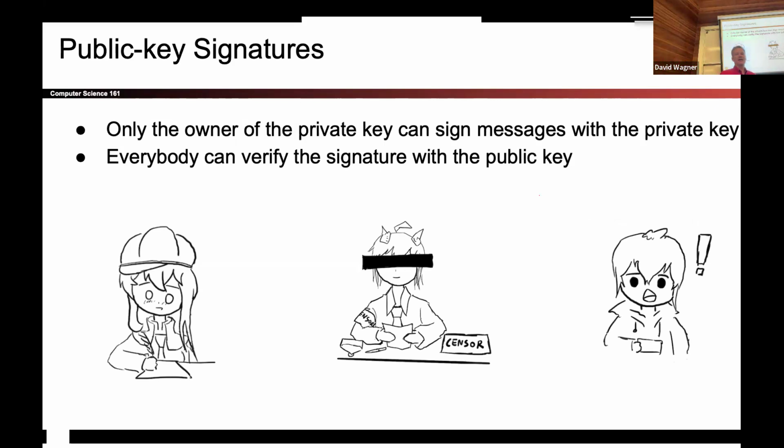Public key signatures are an algorithm that enable Bob to verify who sent him a message. The way that works is Alice has a private key and she can apply that to the message to get something like a MAC tag. And the MAC tag, anyone who has Alice's public key can verify that this MAC tag could only have been generated by Alice, could only have been generated using Alice's private key.